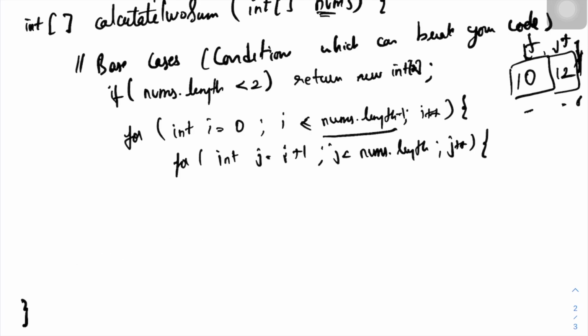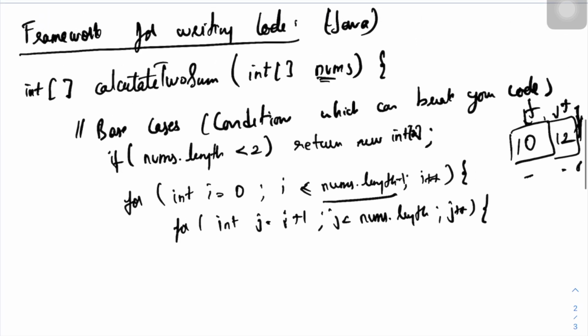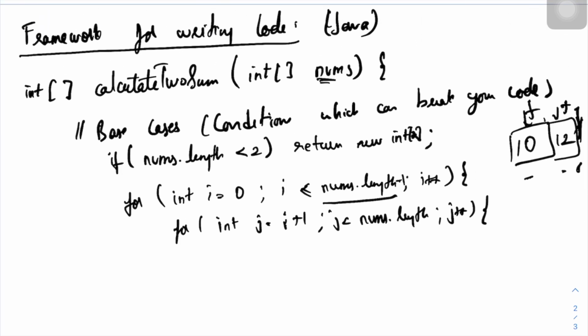Now in this loop, what's our condition to find the solution? Our condition is, when we find two numbers and the sum is equal to target, we have to return those indices, right? We assume that target is sent as a part of input.